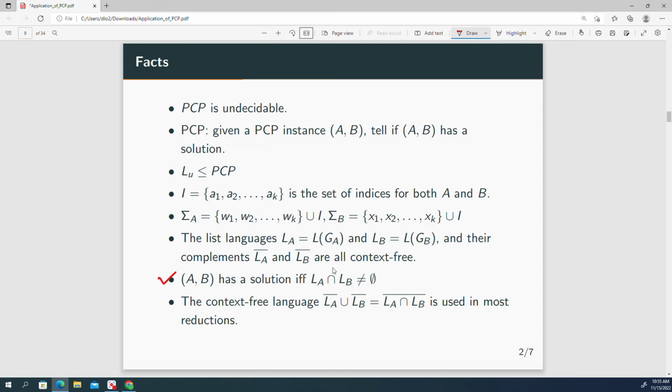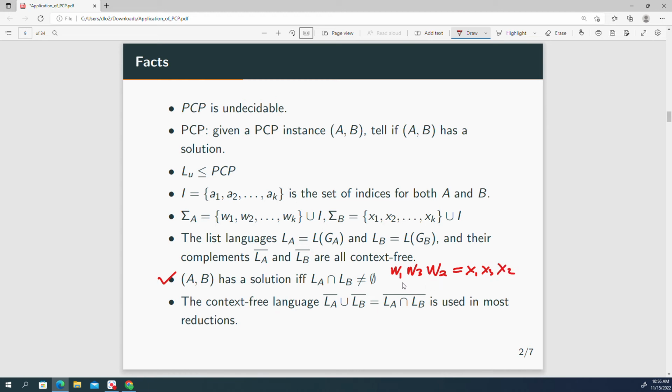So that means, let's say you have W1, W3, W2 equal to X1, X3, X2. Then this is a match.